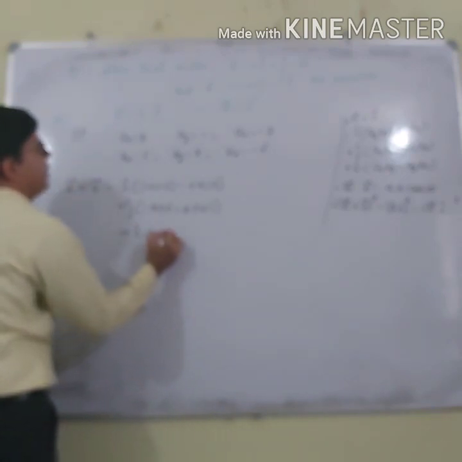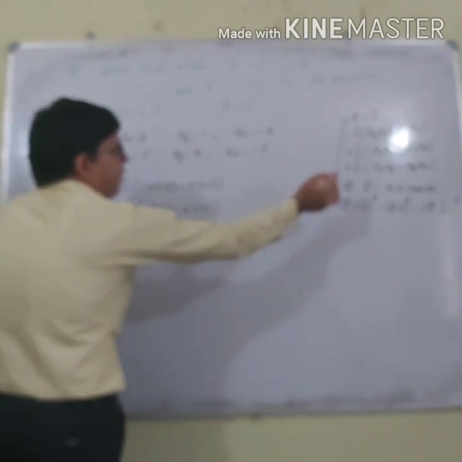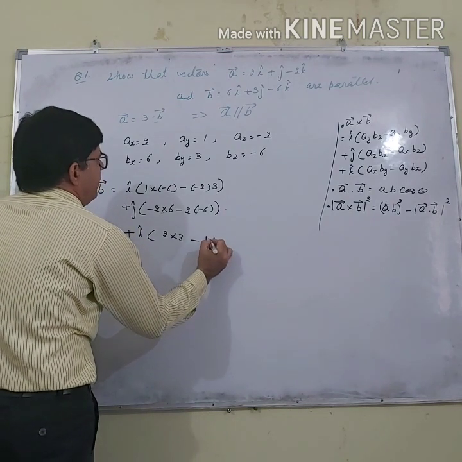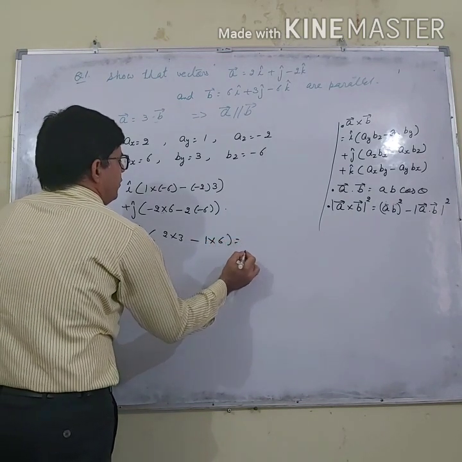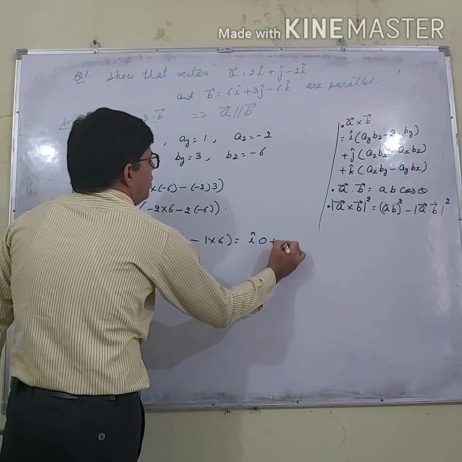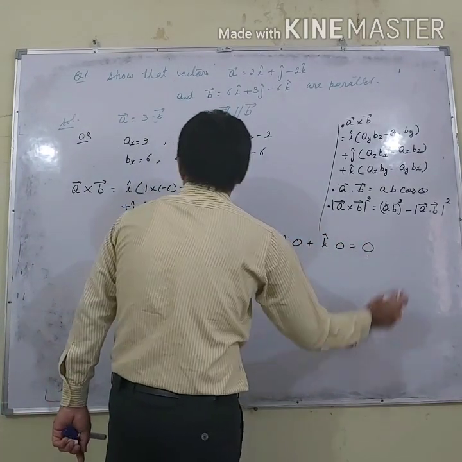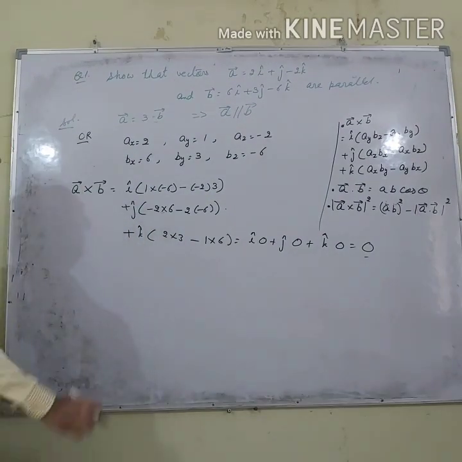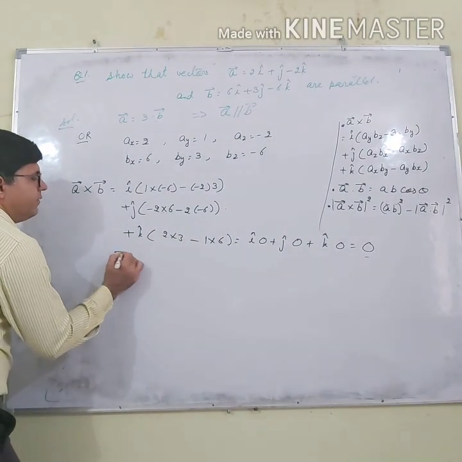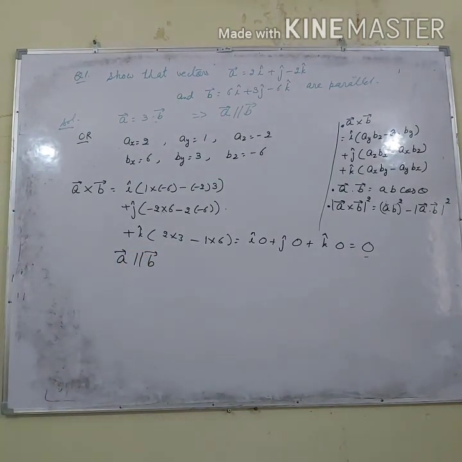Plus k cap: AX 2, BY 3, minus AY 1 and BX 6. So what is the answer? I cap multiplied by 0, j cap 0 and k cap 0. So the answer is 0, and when the cross product is 0, vectors are parallel. So this indicates that vector A is parallel to vector B.